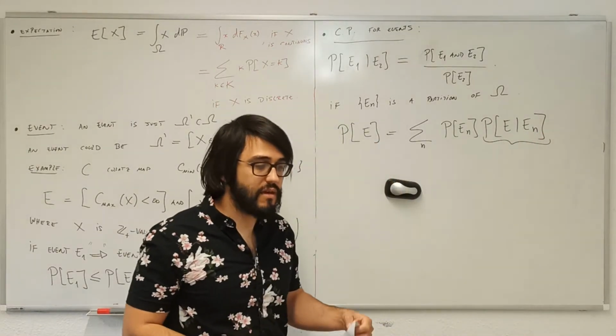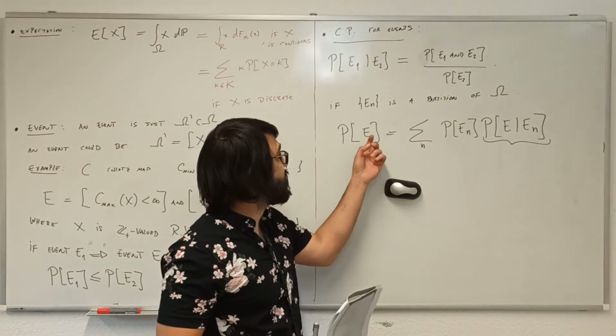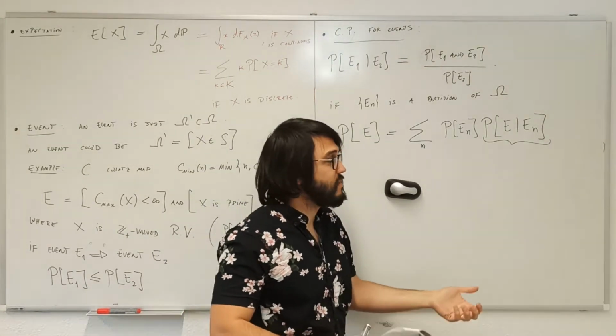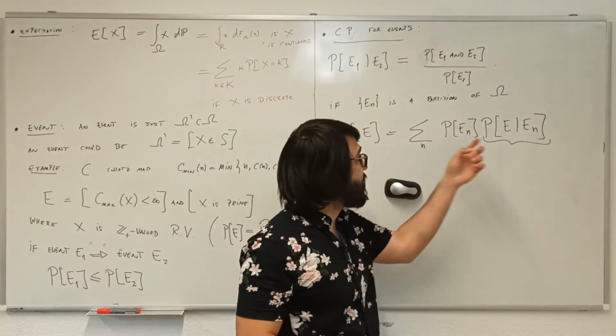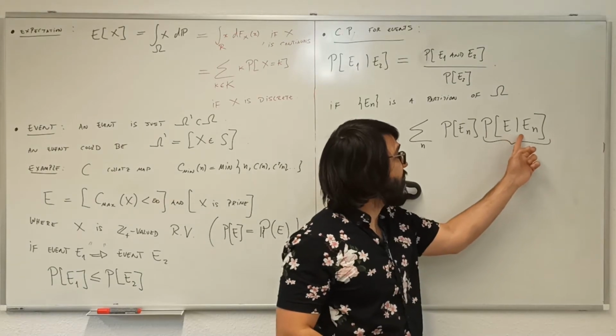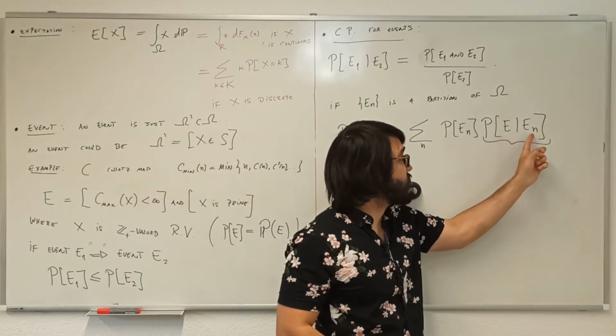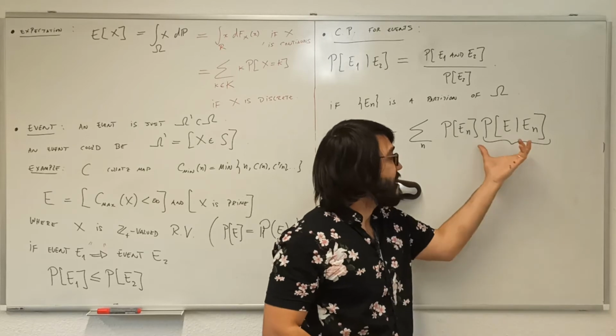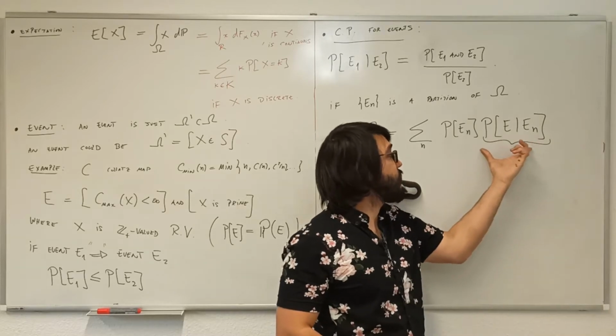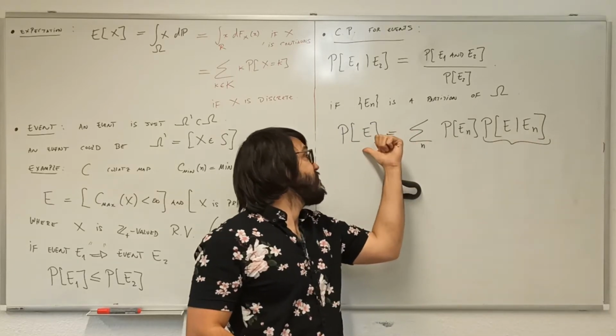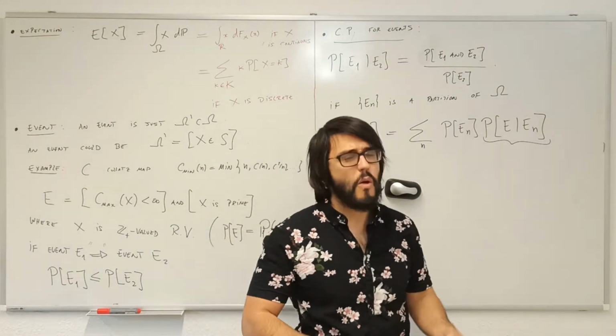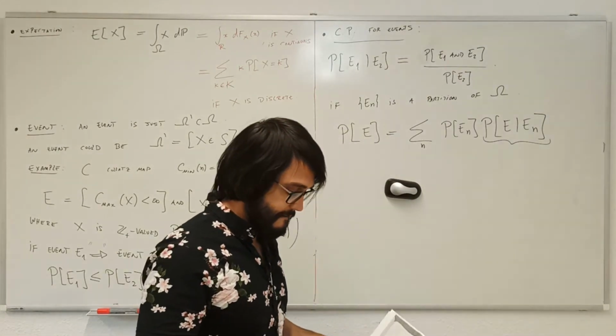So if you have an event which you don't know how to work with, then you can work with these events which have more structure because you're assuming that En is happening, and if you give a uniform bound to this, you give a uniform bound to P, and we'll be doing that a lot here.